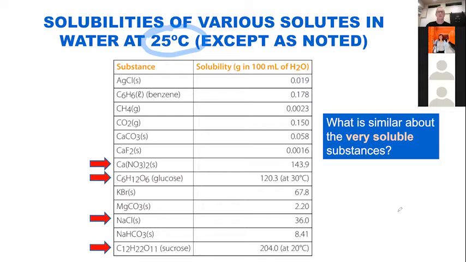What's similar about the really, really soluble substances? We've got calcium nitrate, we've got glucose, sodium chloride, sucrose, all super, super soluble.